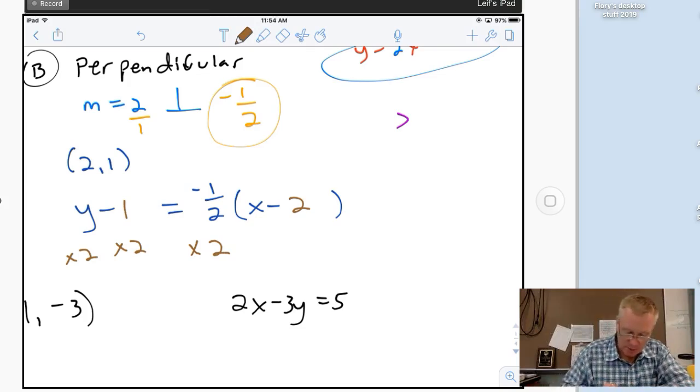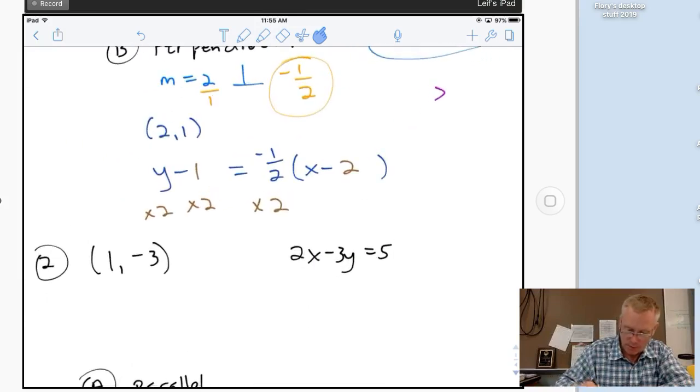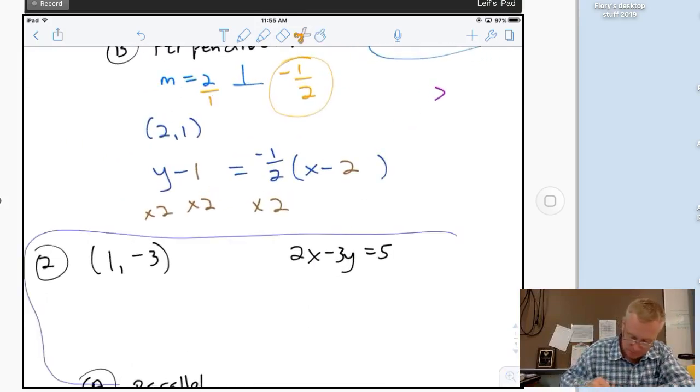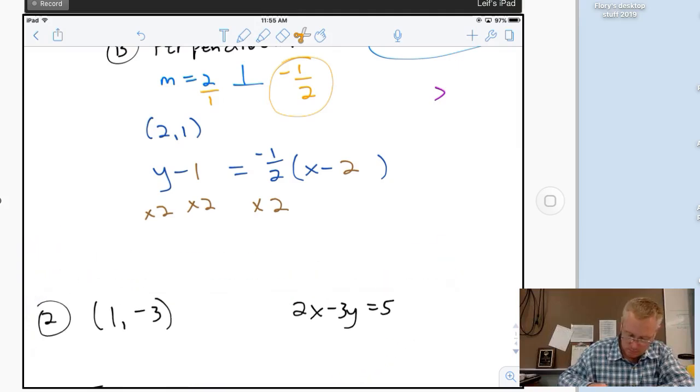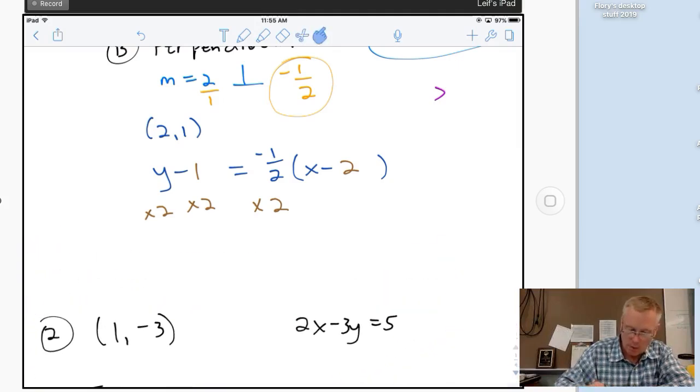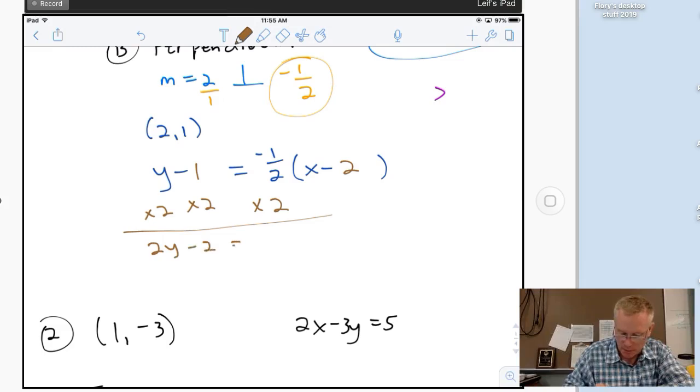Which means once I've done that, what I get is 2y minus 2 equals -1 times x minus 2. Okay? And now if I multiply out that negative, I get -x plus 2 equals 2y minus 2.